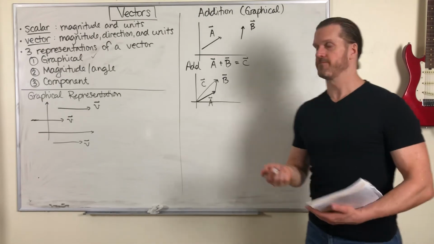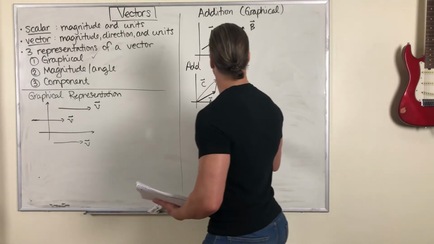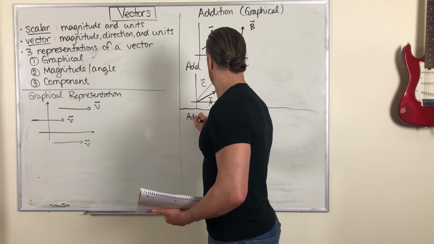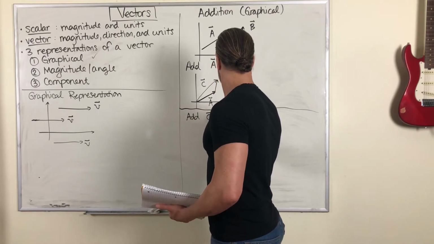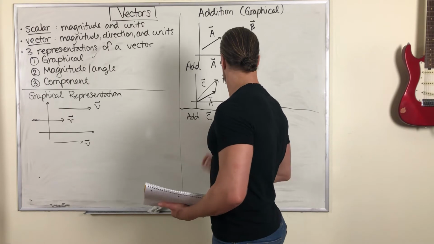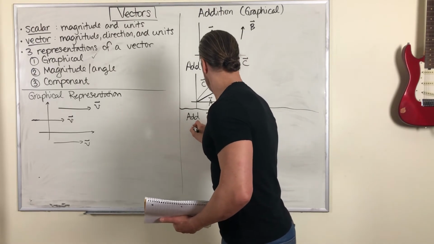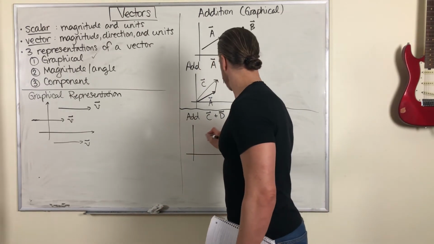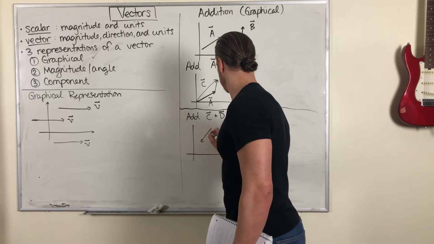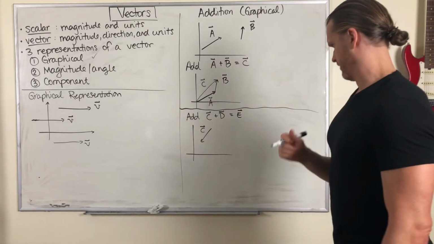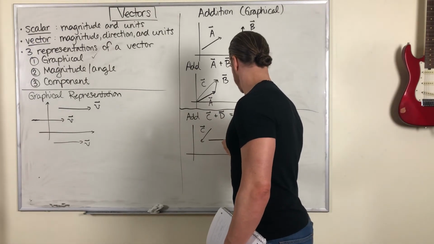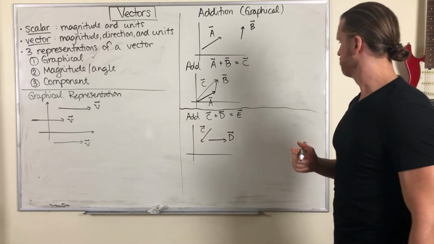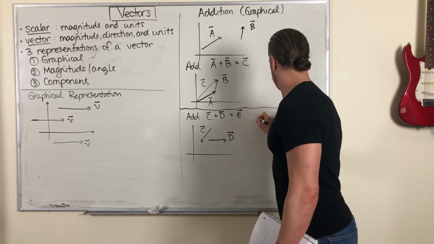Let me show you another example so you can see how this process works. How about vectors C and D, where vector C maybe looks like this, and vector D looks like that. So here's how we do it.